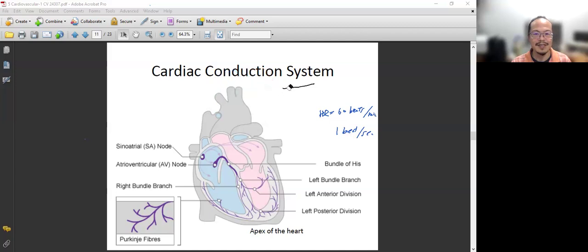So this is the action potential coordinated with the chamber contraction and also the sequence of chamber contraction. You have left and right atrium contract together, followed by left and right ventricle contract together. And so basically this is what we talk about in the next one here.